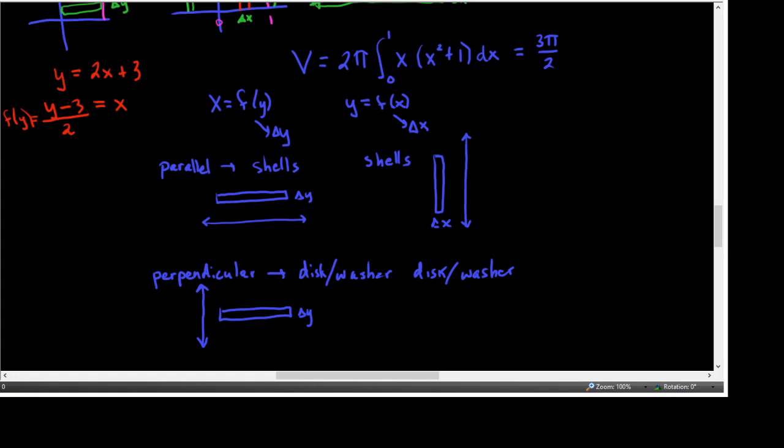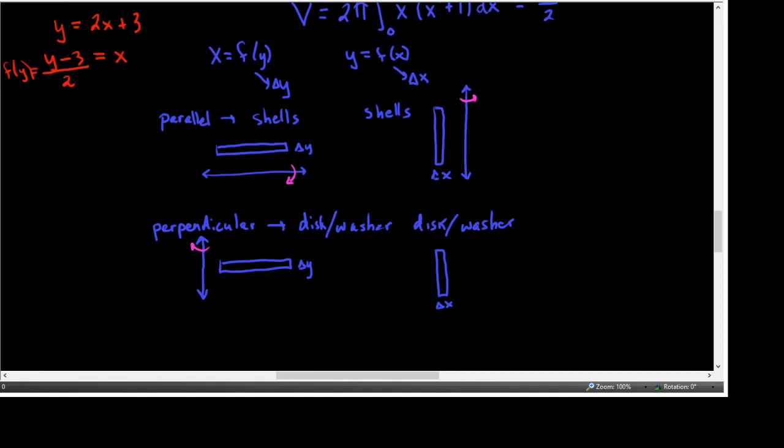I should probably draw little arrows saying that's the axis of revolution, so that's very clear. Okay, and then if it's a delta x situation, perpendicular to that would be perhaps something below it, or it could be above it. It's an axis of revolution that's perpendicular.